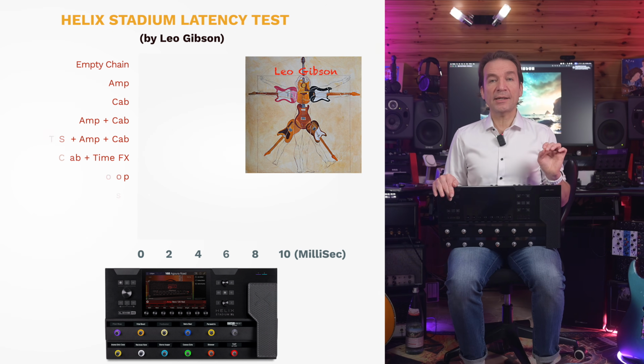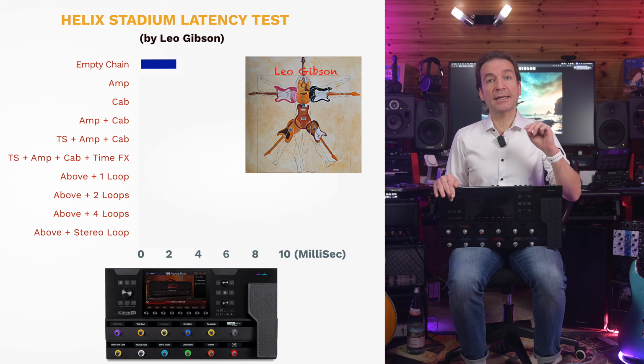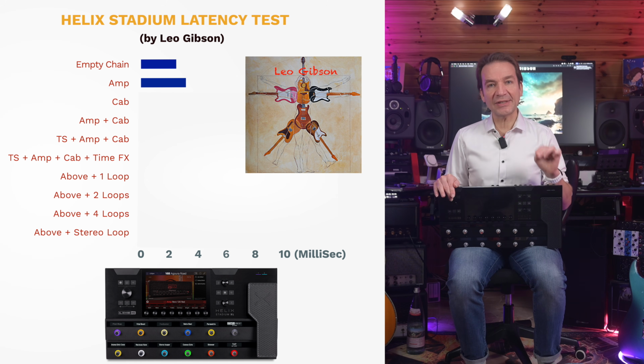With an empty chain, I mean no amp or cab or effect blocks in the chain, we have 2.2 milliseconds of latency. Then, if we add an amp block, the latency increases to 2.6 milliseconds, whereas with just a cab we have 2.4 milliseconds of latency.